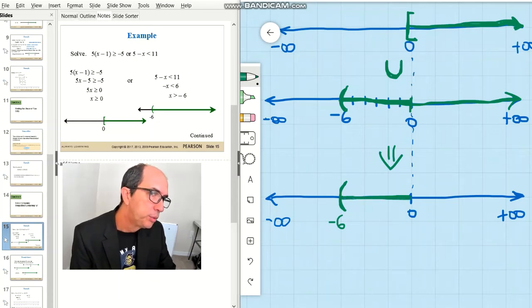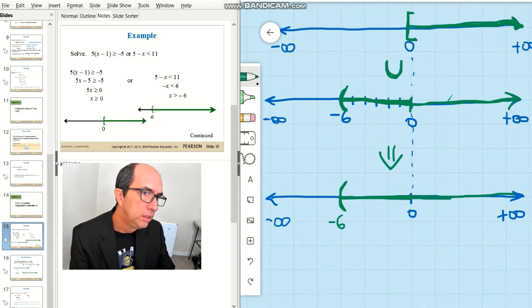And everything that's greater than 0 is in both sets, and also is part of the union. So the union, let's represent here in interval notation: parenthesis going from negative 6 all the way to positive infinity.